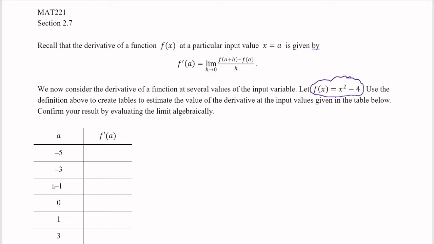So we have this little table of a values, and then we want to calculate the derivative at each of these. Right now there's really two ways. We're just trying to do a limit. So let's just set the limit up for this first one.